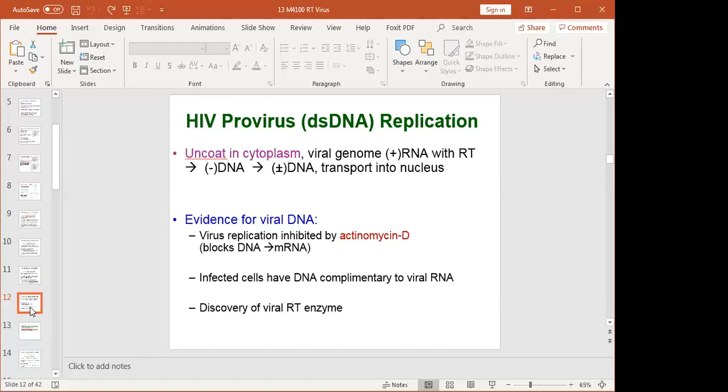I should mention that the discovery of reverse transcriptase in the 70s, basically the gentleman who discovered it was awarded a Nobel Prize at a very young age. I guess it was 34 or 38 years of age.